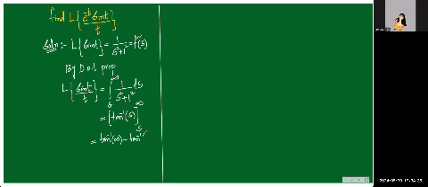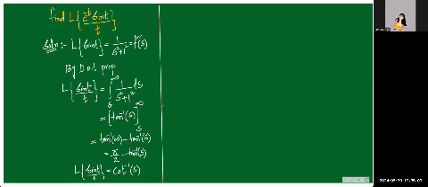Tan inverse of infinity value is pi by 2, minus tan inverse of s. But this value is nothing but cot inverse of s. This is the value of Laplace of sin t divided by t.